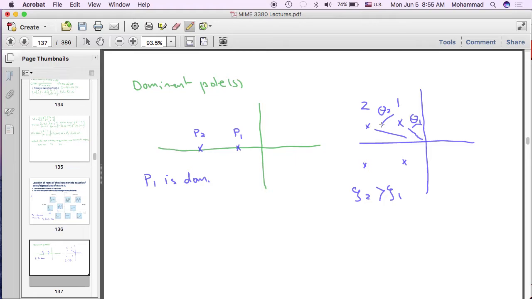Knowing that, which pair is going to be the dominant pair? You said the dominant one is the one that stays around longer. Which of these two pairs will stay around longer? Pair 1, because pair 2 has a larger damping ratio, which means it's going to die out quicker. So again, pair 1 is dominant.